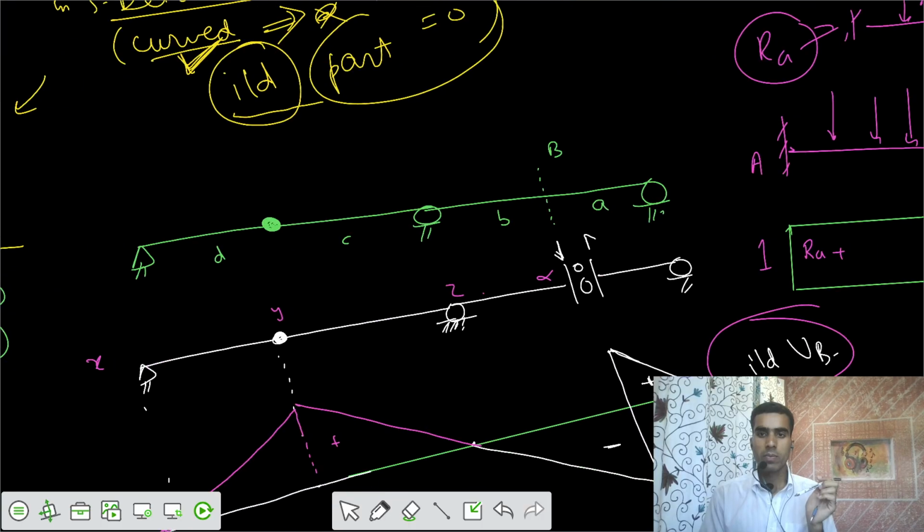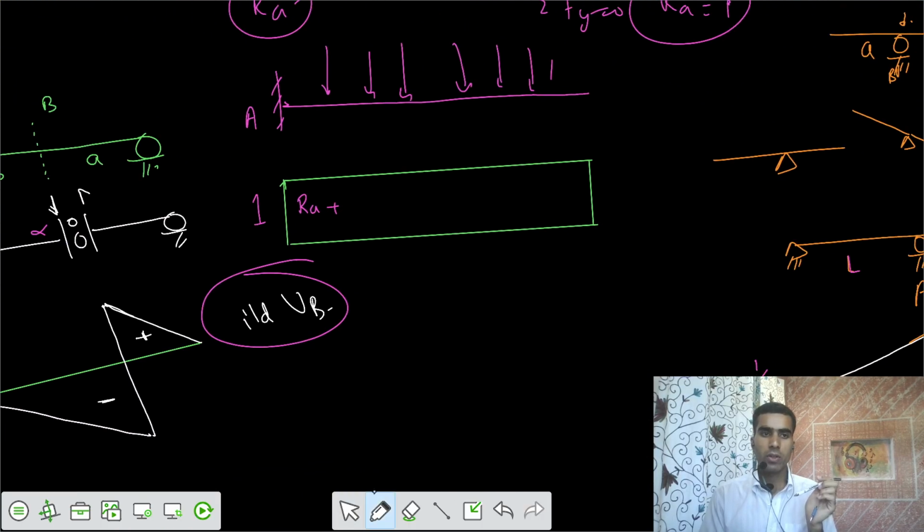But in this one, once you applied that shear of 1 unit, let's say some unit of V applied here, we have some linear variation because your support is there. If it was not there, it would have gone upwards by the same amount of shear force V, so the entire thing would have been positive. But because your support is there, you have to keep that position intact. So your variation is in this fashion.